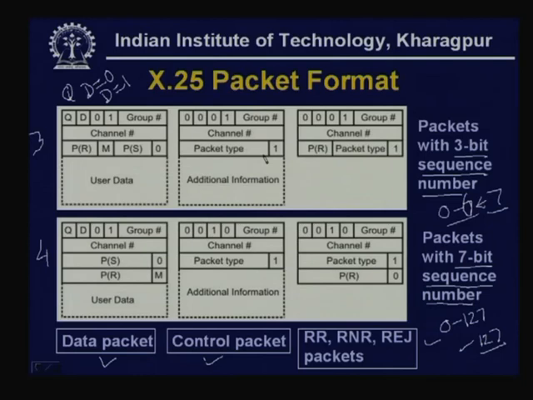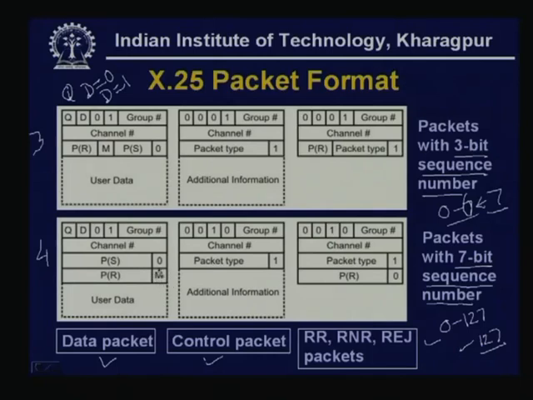On the other hand, this M bit is used whenever you are using a large sequence of packets. End-to-end acknowledgement can be done either at the end or for each of the packets. It is usual practice to send an end-to-end acknowledgement after the end of the sequence of packets. That is specified by the M bit.